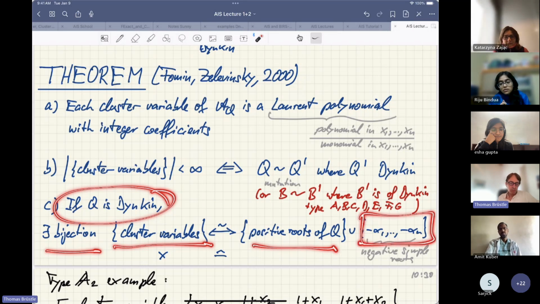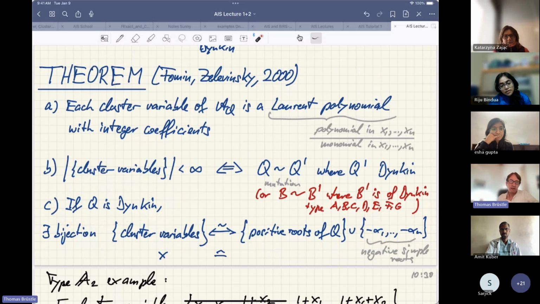Yeah, so there's more cluster variables than there are positive roots. Positive roots are in bijection with indecomposables of the quiver, so we need to enlarge our category. This is what I want to tell you in the beginning.